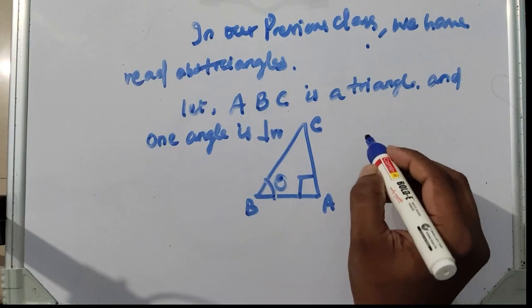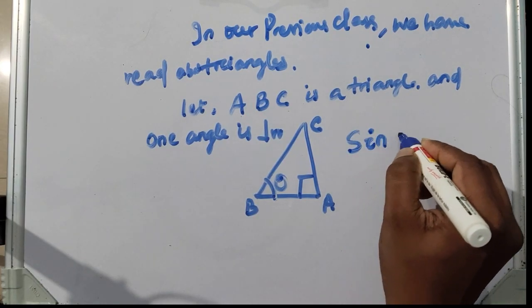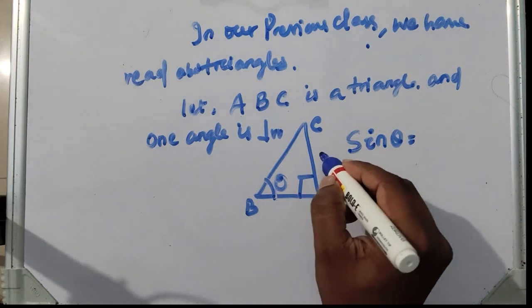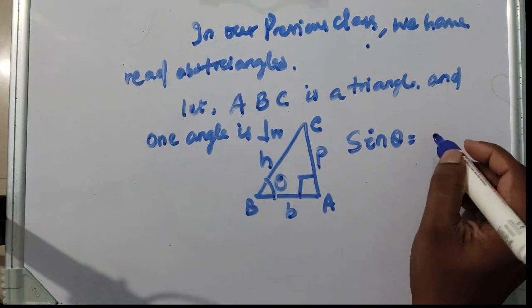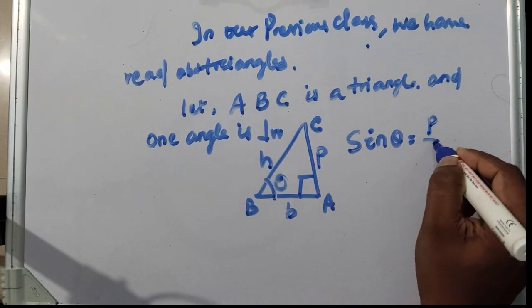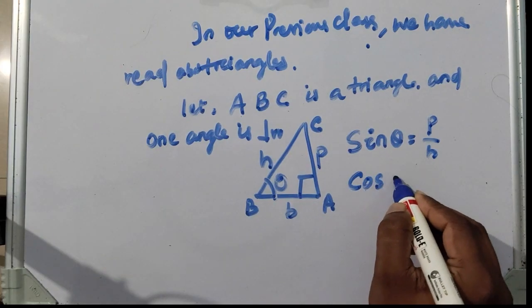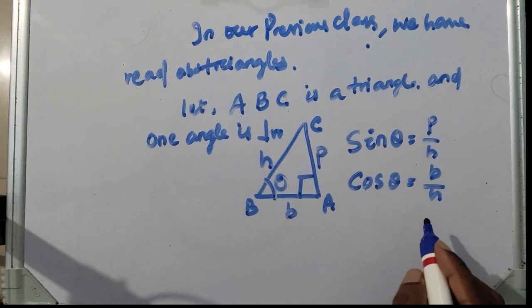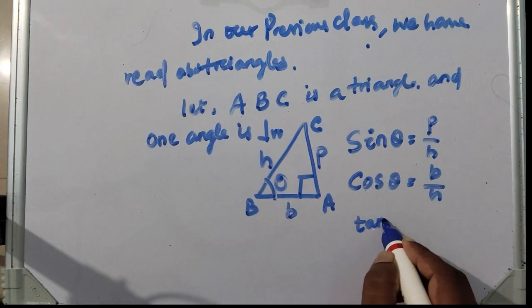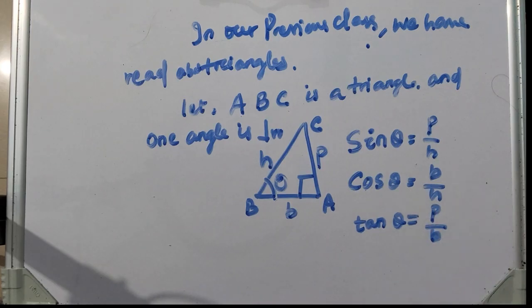So sine theta is equal to perpendicular by hypotenuse. Similarly, cos theta is equal to base by hypotenuse, and tan theta is equal to perpendicular by base.